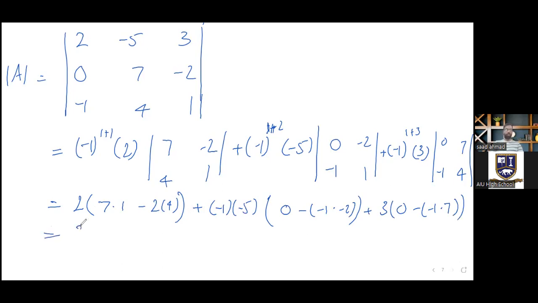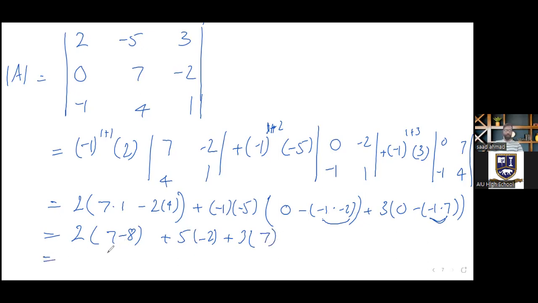That will get us to 7 minus 8. This will again become plus 5 times, minus times minus will be +2. And then plus 3 times, this one will be -7, and -7 times minus is +7.